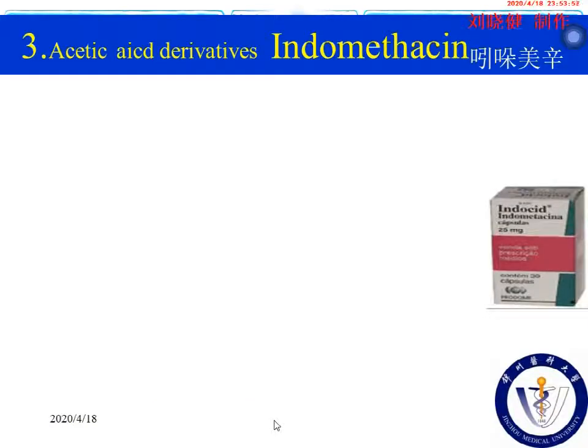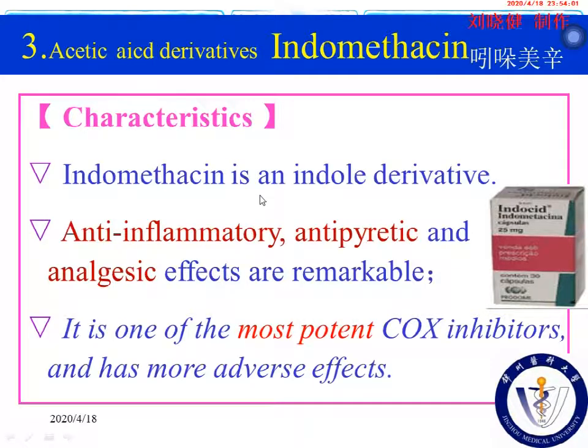Acetic acid derivatives, indomethacin. This drug is an indole derivative. It has anti-inflammatory, antipyretic, and analgesic effects. These effects are remarkable. Actually, it is one of the most potent COX inhibitors, so it also has more adverse effects.